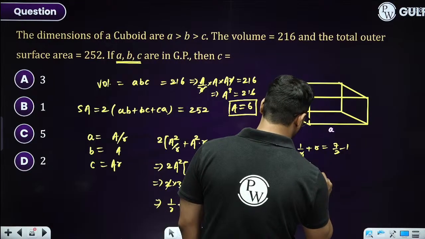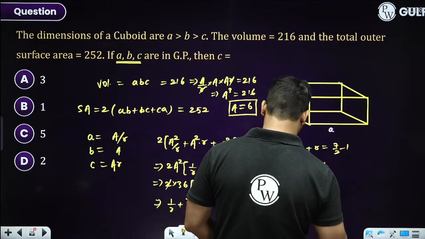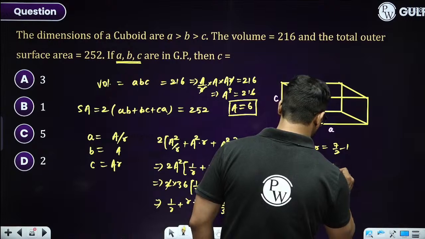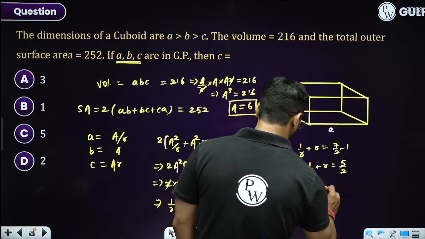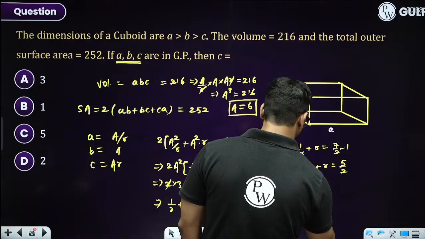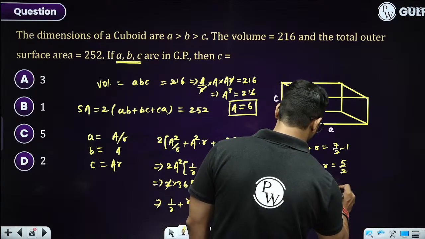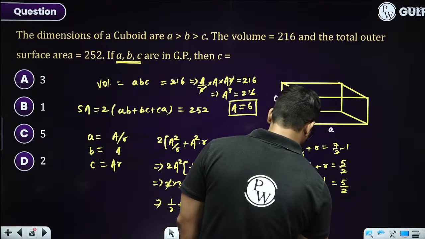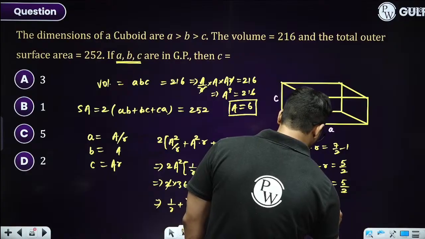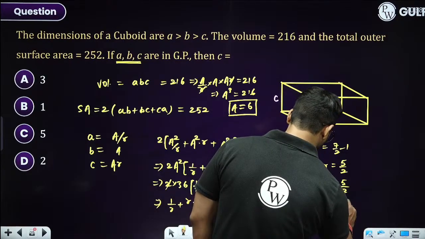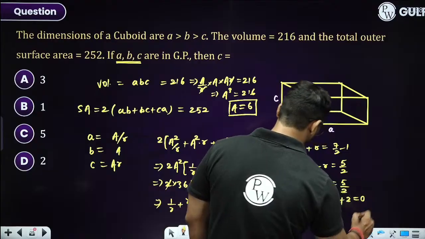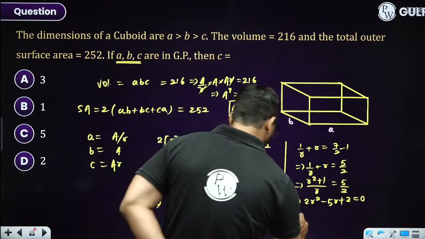So 1 by R plus R equals 5 by 2. Now R square plus 1 over R equals 5 by 2, so 2R square minus 5R plus 2 equals 0.